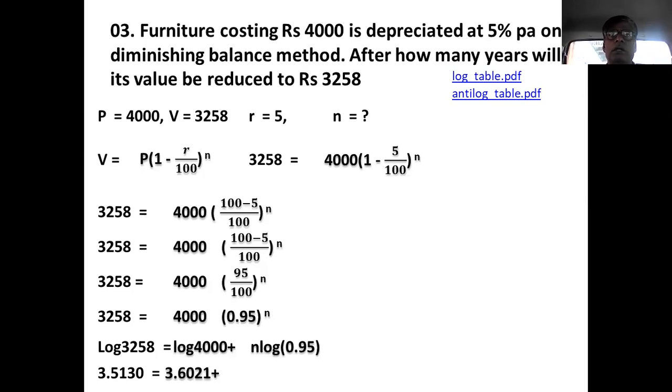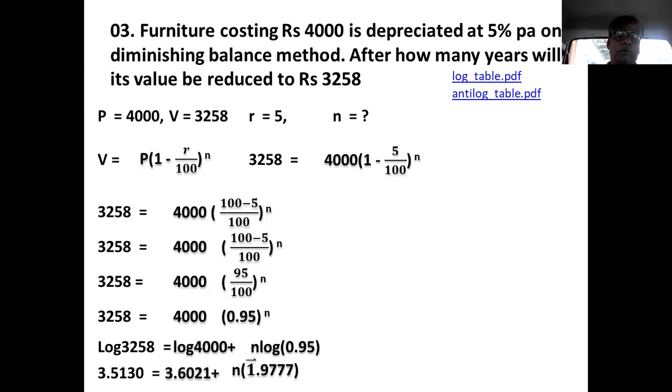If you see in the 95 0 column, its value is 0.9777, n into bar 1.9777. This is the logarithm value.